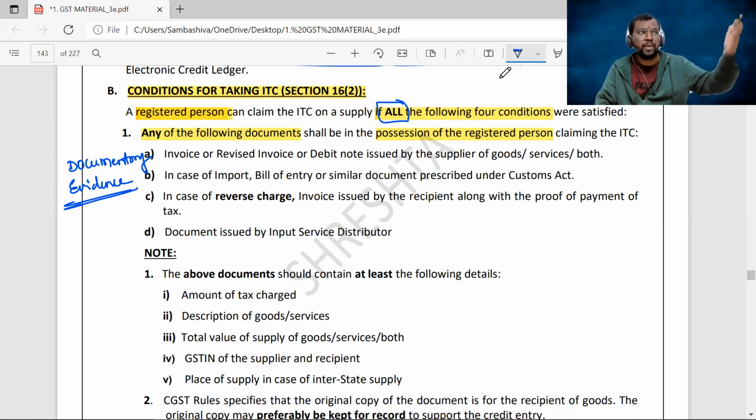What is the evidence that you paid 1 lakh input tax at the time of purchase of the input goods?"